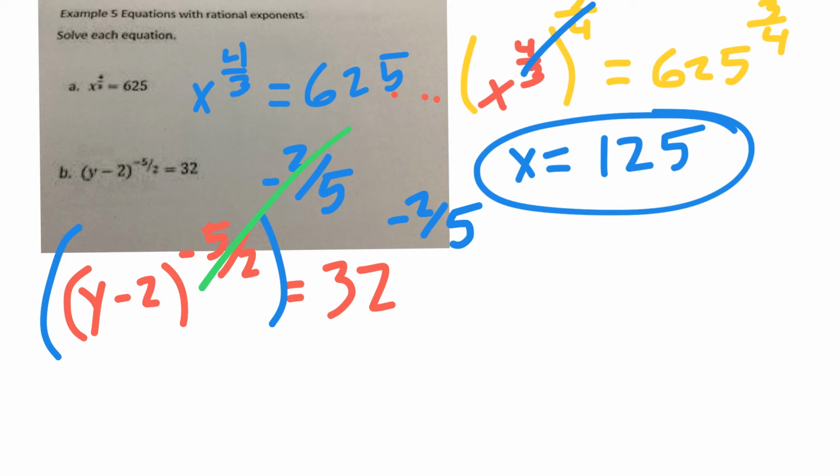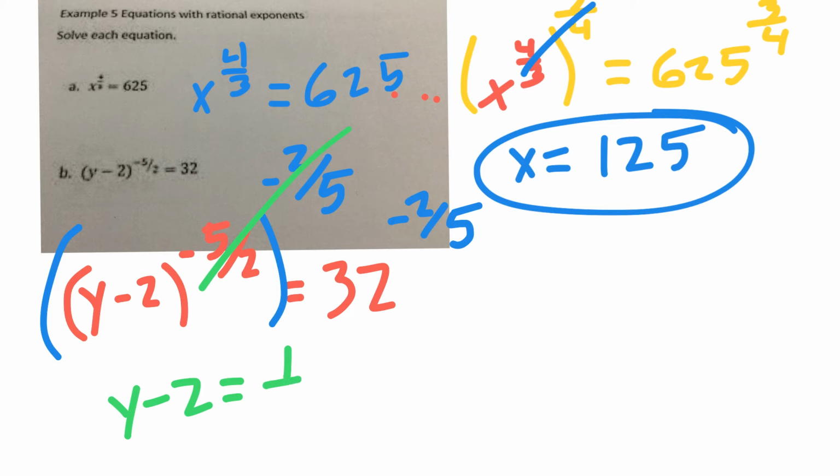Negative 5/2 times negative 2/5 goes to 1. I'm left with y minus 2. Then I've got 32 raised to the negative 2/5 power, which would be 1 over 32 to the 2/5, 1 over 2 squared. So is it a fourth?